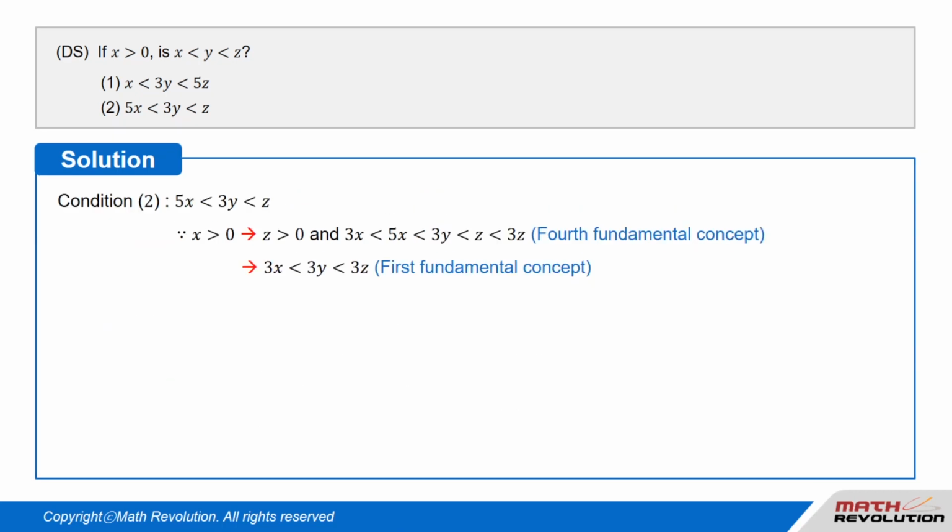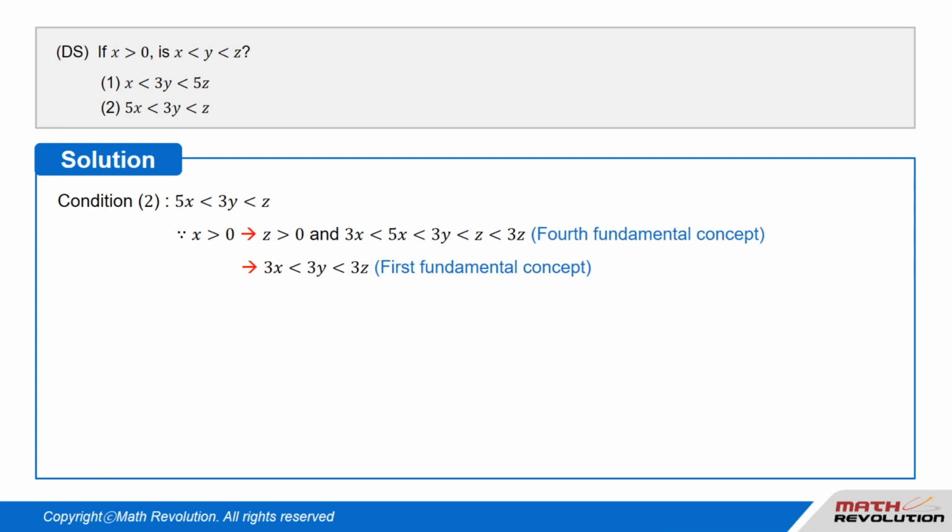Condition 2 tells us that 5 times x is less than 3 times y, which is less than z. So by the fourth fundamental concept, since x is greater than 0, then z is greater than 0, and we can write 3 times x is less than 5 times x, which is less than 3 times y, which is less than z, which is also less than 3 times z.